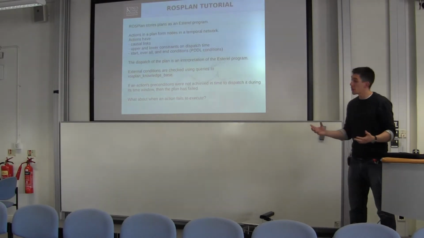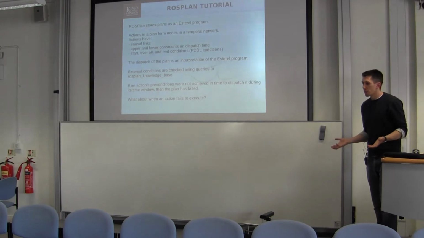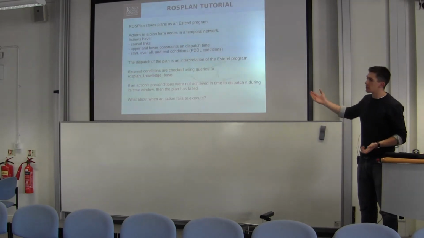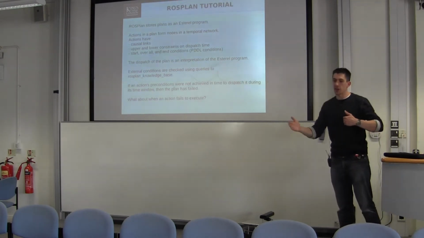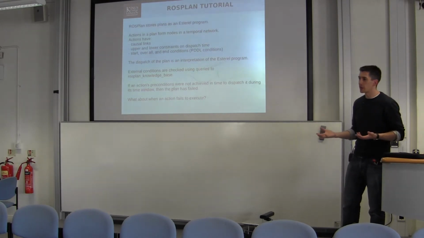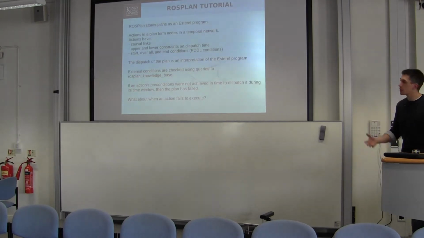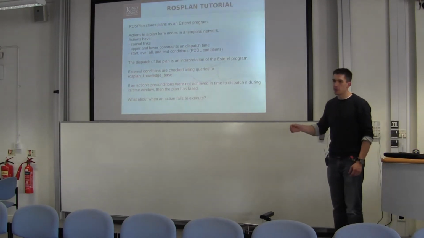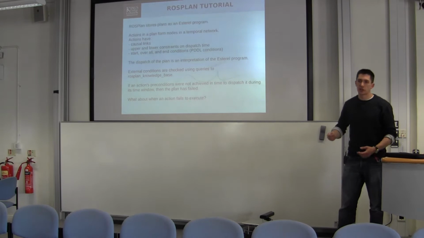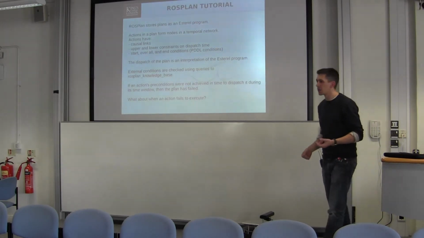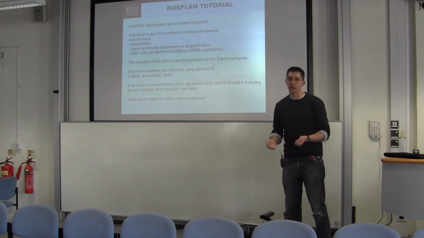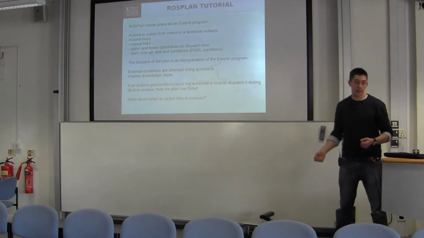If they're not, then if it's an invariant, the action has failed. If the deadline has passed and the time bounds are no longer valid, then the action has failed and the plan has failed. So this goes some way to making it possible to dispatch a plan robustly without making any guesses as to whether it's okay to dispatch an action late.